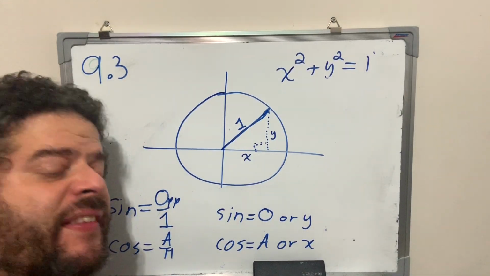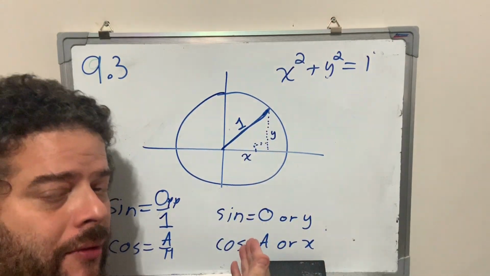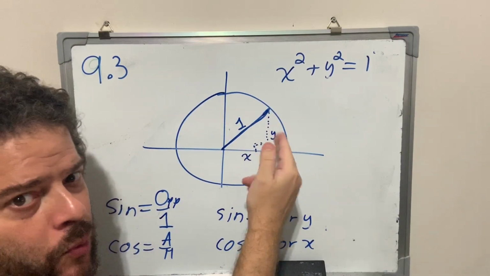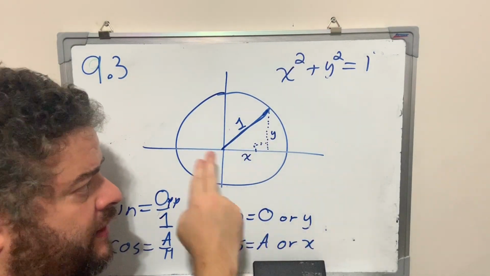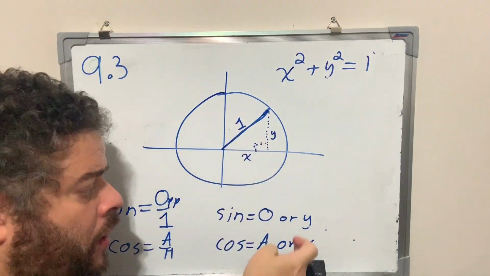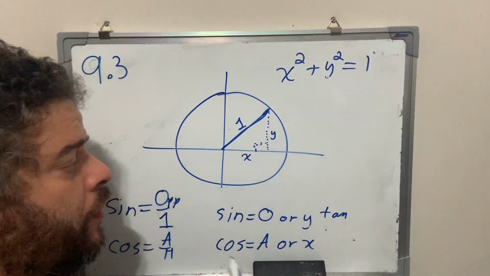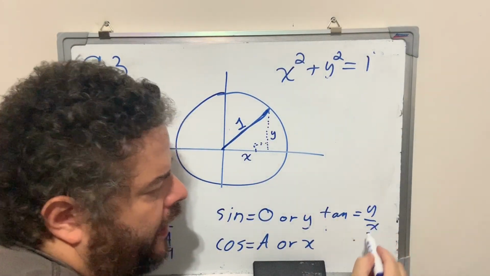You have to know that sine of an angle formed with a unit circle is the exact same thing as just the y value, because y divided by 1 is y, and cosine is just x, because x divided by 1 is just x. Now, tangent would be y over x.